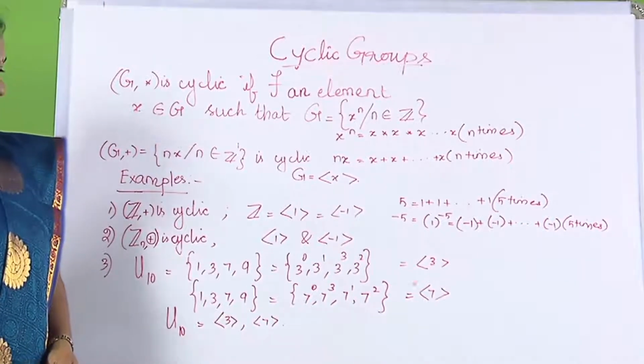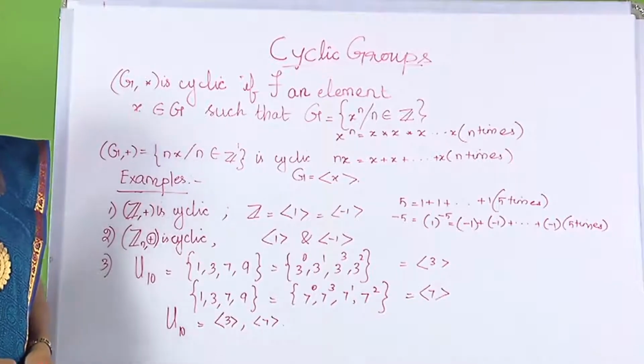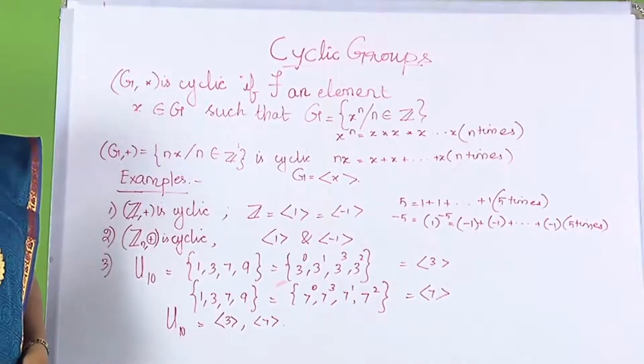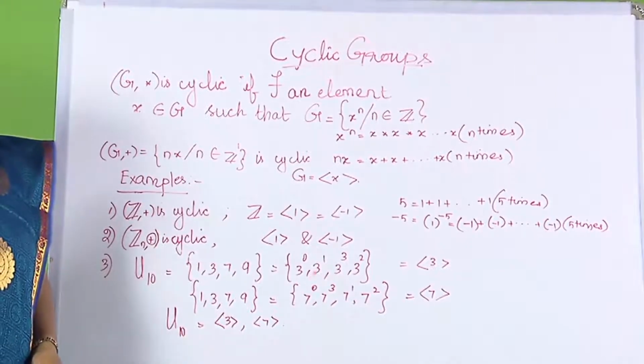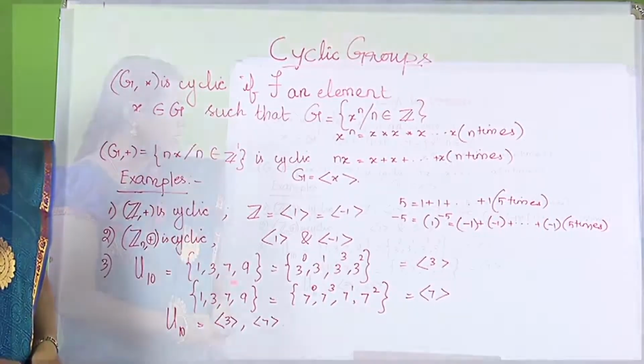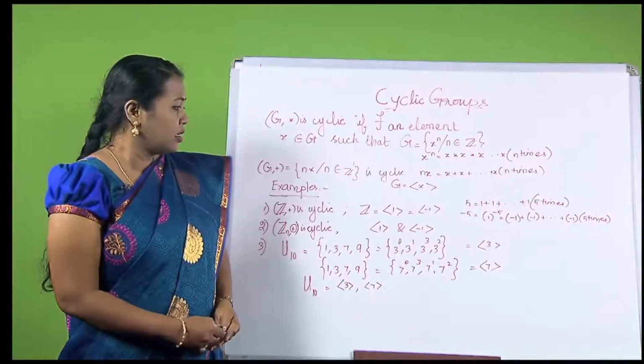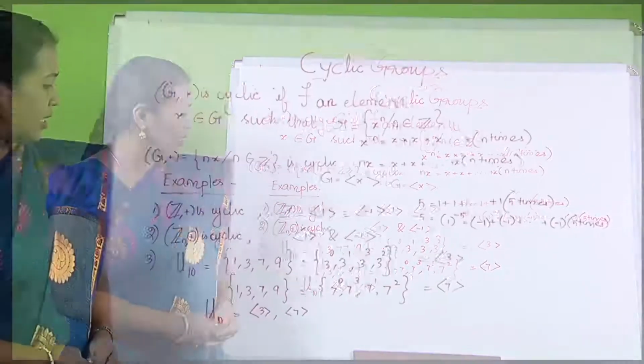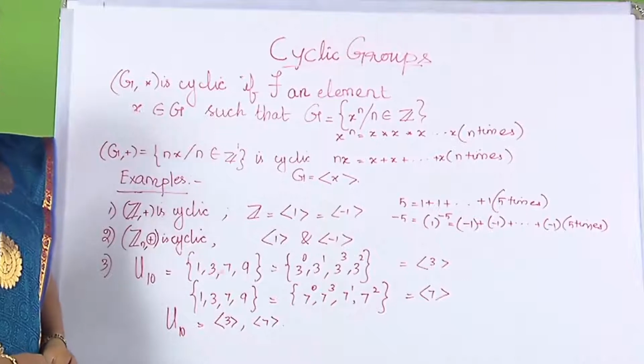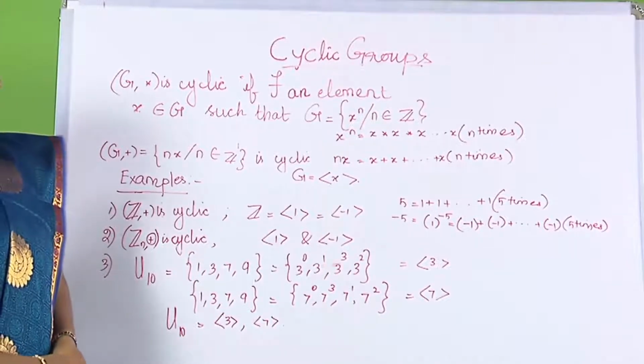Now, if you take 3 power 0, it is 1, 3 power 1 is 3, 3 cube is 27, but when divided by 10 you get the remainder 7, 3 squared is 9, again you get 9 here. So, 1, 3, 7, 9 can be generated as the powers of 3.